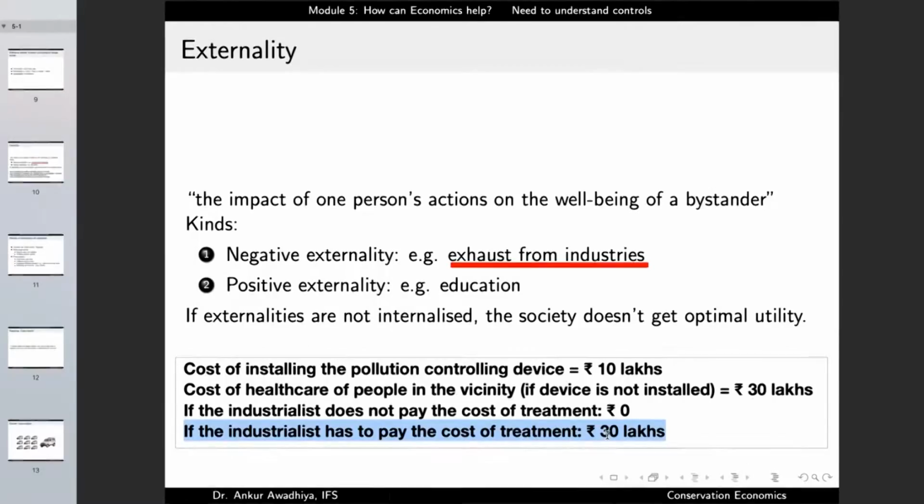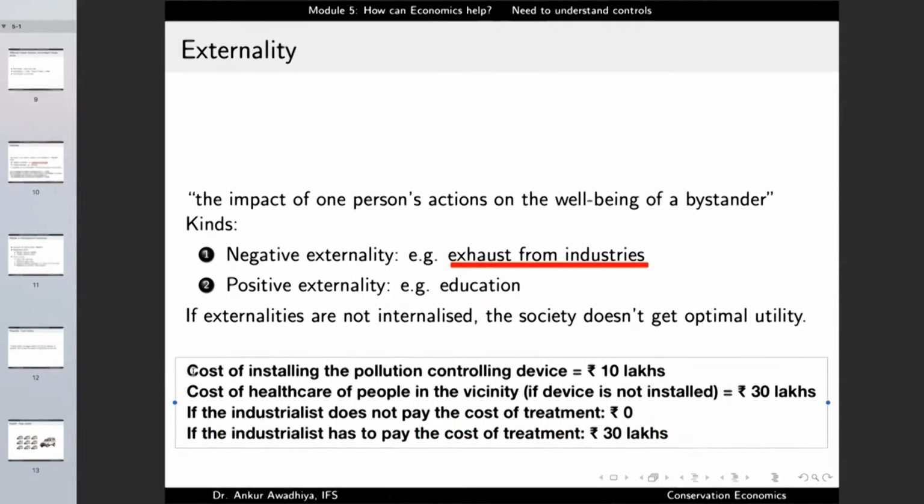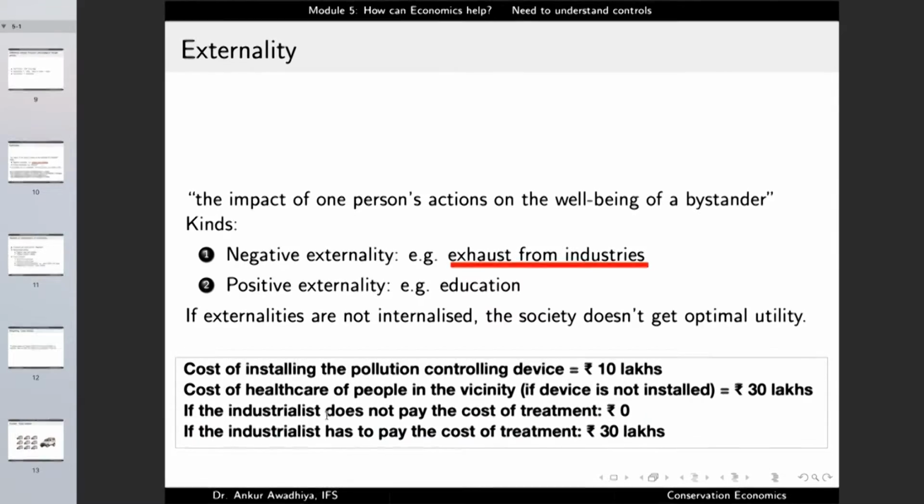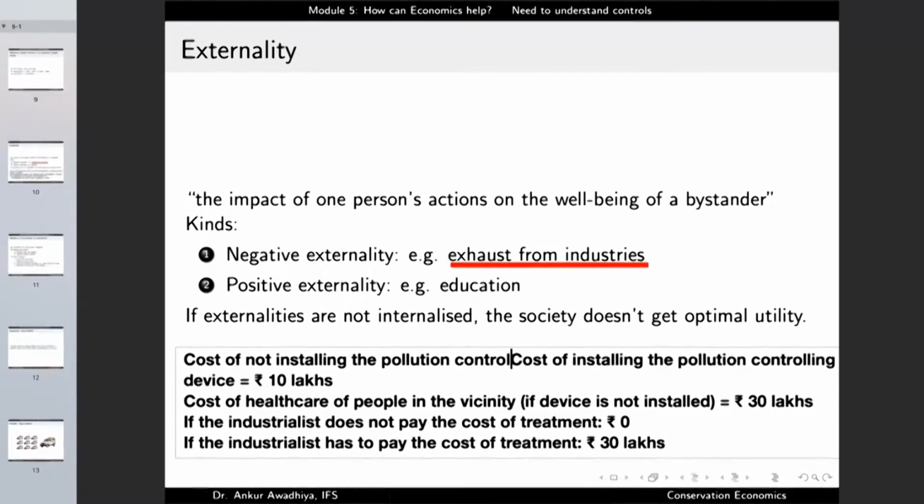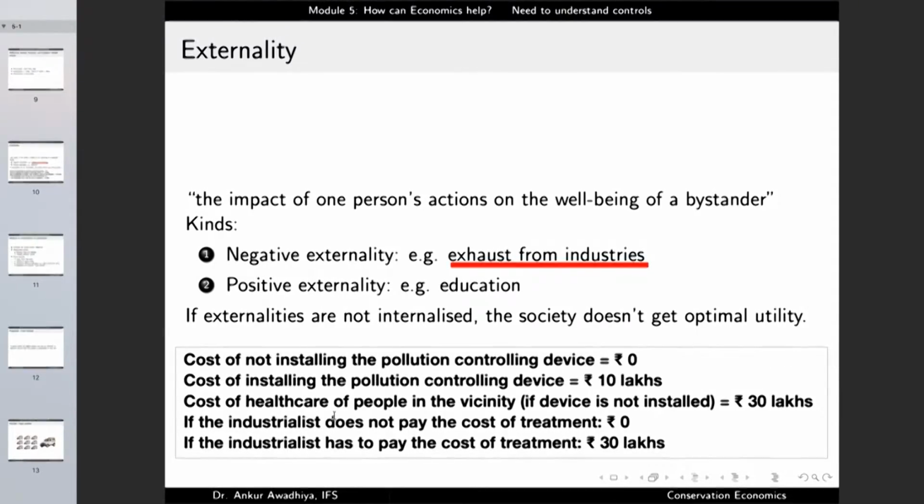But this is only possible when the externalities get internalized, when we have a mechanism to force the industrialist to pay the cost of treatment. If we do not have such a mechanism, if we do not have a way of internalizing the externality, the options before the industrialist are very different. So he has the option of the cost of not installing the pollution controlling device, which is 0 rupees, and the cost of installing it, which is 10 lakhs of rupees.